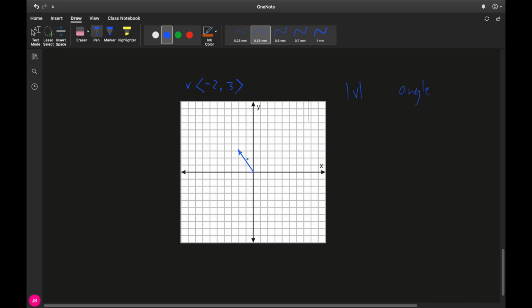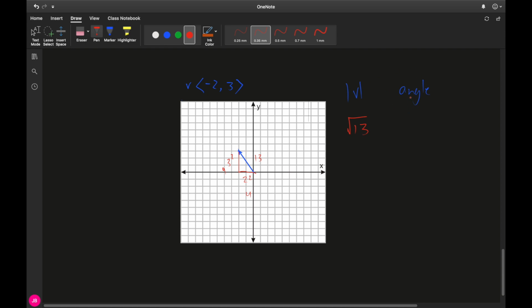To find the magnitude, we're simply going to use the Pythagorean Theorem. This is 3, this is 2. 2 squared plus 3 squared gives me 4 plus 9, which is equal to 13. So my magnitude would be the square root of 13, which is pretty simple.